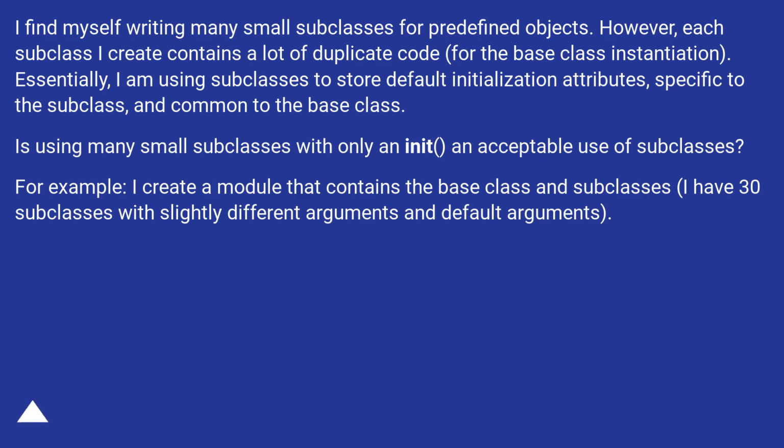Is using many small subclasses with only an init an acceptable use of subclasses? For example, I create a module that contains the base class and subclasses. I have 30 subclasses with slightly different arguments and default arguments.